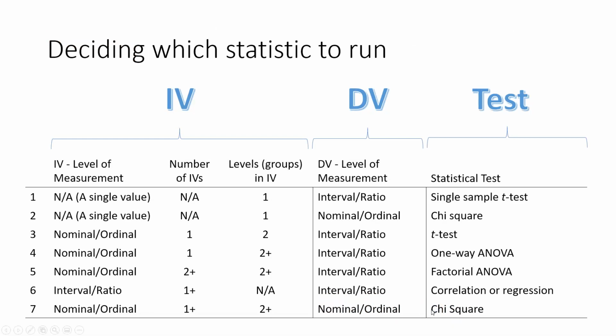Now, I don't need you to know that this is a test for independence chi-square and this is a goodness of fit chi-square. I just wanted to illustrate for you on earlier slides that there were a couple of different kinds of chi-squares, so that when I showed you this slide, you could understand that the reason why chi-square appears in a couple of different places here is because there are a couple of different kinds.